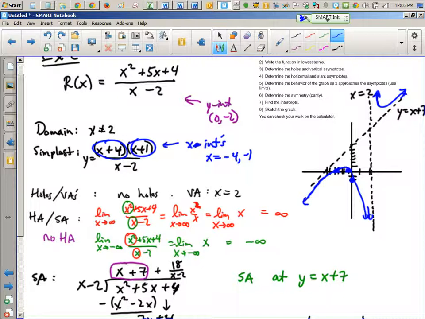Okay, so this brings up one last little question. Does the curve ever touch the slant asymptote? Is that even possible for the curve to touch the slant asymptote? It's a good question. How could we check that?